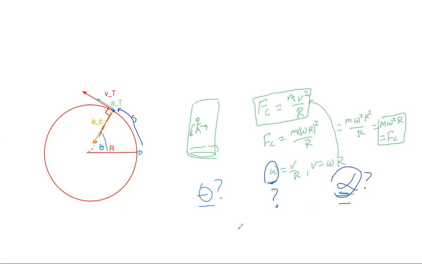Well, it turns out that I'm going to consider either clockwise or counterclockwise to be the direction. So this is going to be a negative value. It's going to be positive. And so if my angle is positive, I have a positive value. And if my angle is negative, or clockwise, I have a negative value.